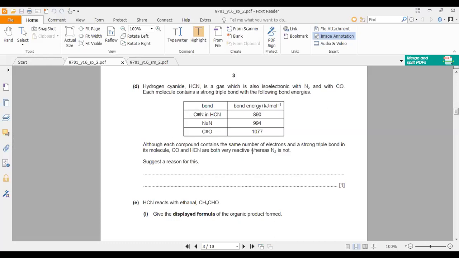Although each compound contains the same number of electrons and a strong triple bond in its molecule, carbon monoxide and HCN are both very reactive, whereas nitrogen is not. So you need to explain a reason behind this. What could be the reason? Already I explained earlier the effect of dipole moment. In nitrogen, it is a non-polar molecule, so there is no dipole at all.